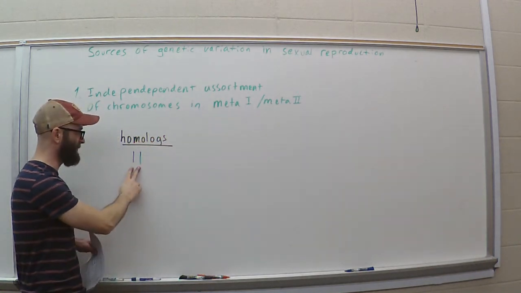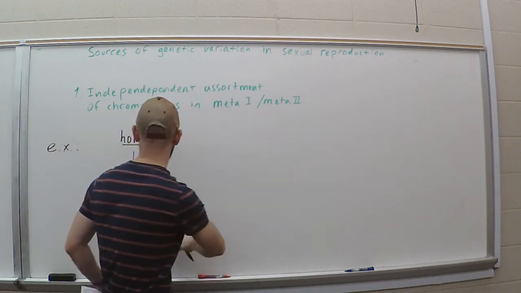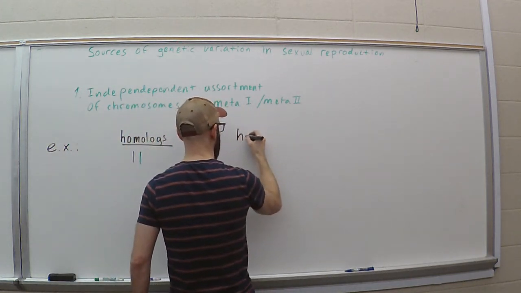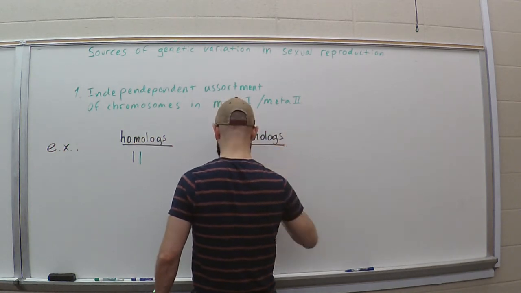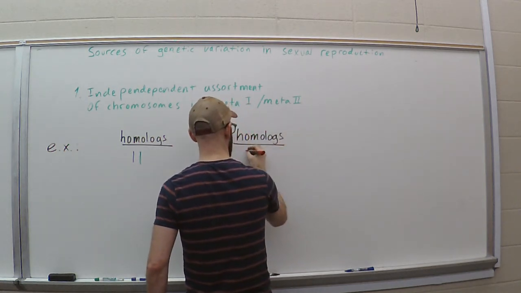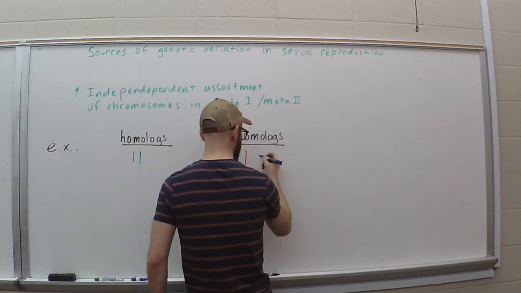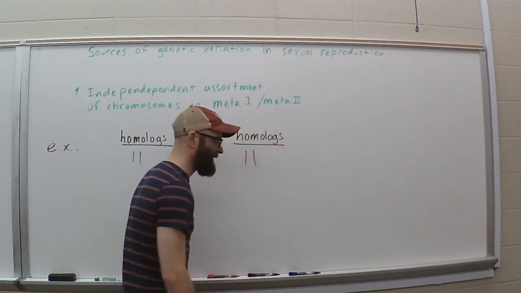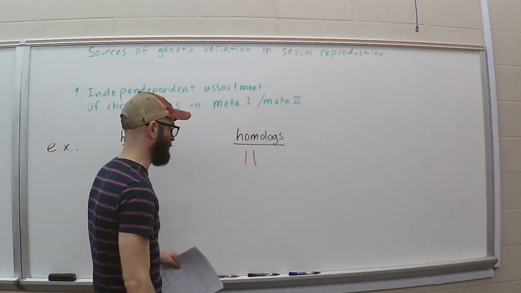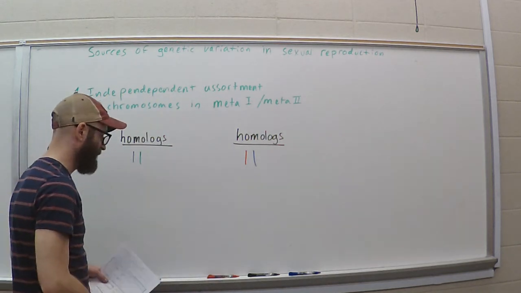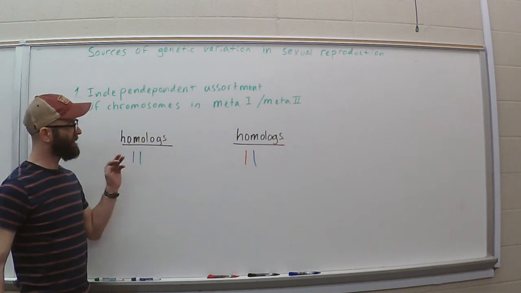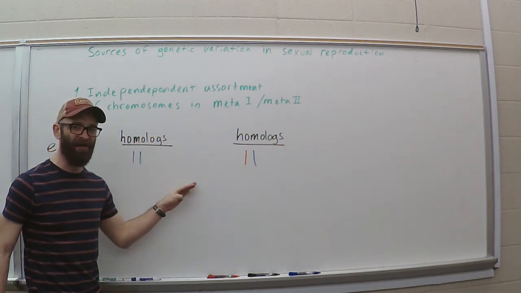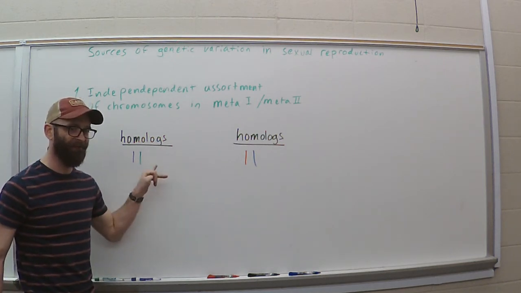They're not identical, that's why they're different colors. And then another pair of homologs that are red and black. And again, these homologs are not identical. That's why they're different colors. So, we're looking at a diploid cell here with two pairs of homologous chromosomes.